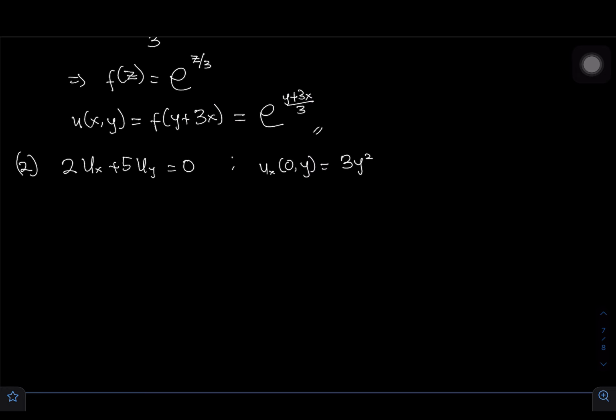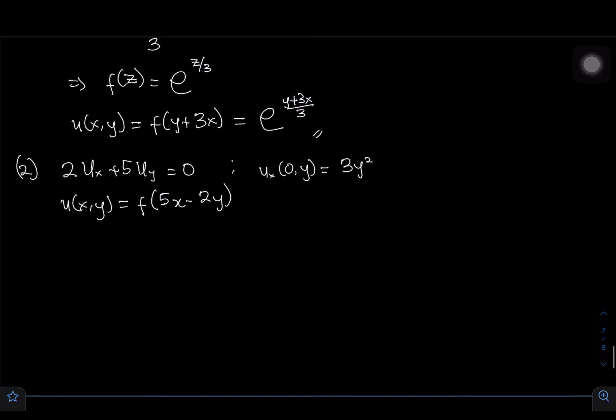Okay, now we know the solution already. We know the general solution. We know how it's going to look. We know that u of x, y is just going to be equal to a function of 5x minus 2y. Okay, yes, but the condition given here isn't u of (0, y), it is ux of (0, y).